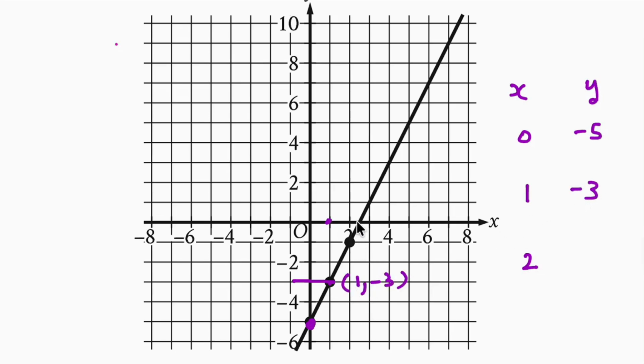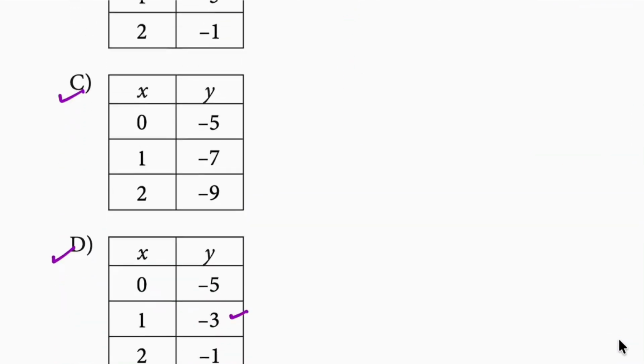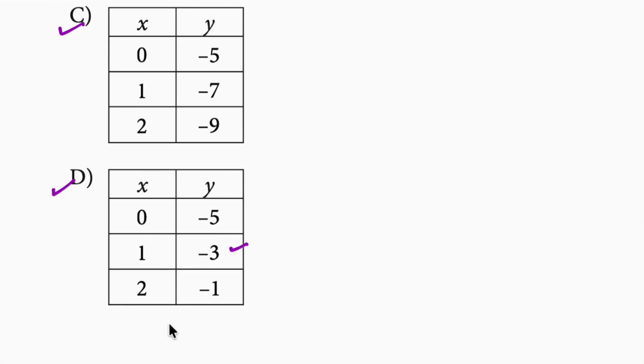And when x is 2, y is -1. So the coordinates are 0 and -5, 1 and -3, 2 and -1. Let's go to the graph. So yes, D is the right option. Do it your way, however you are comfortable.